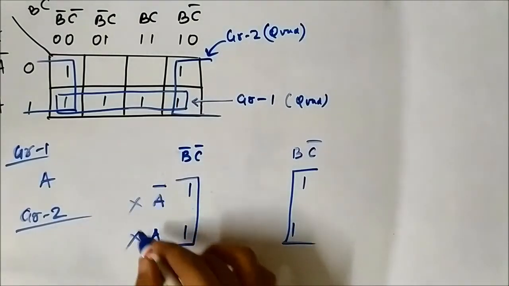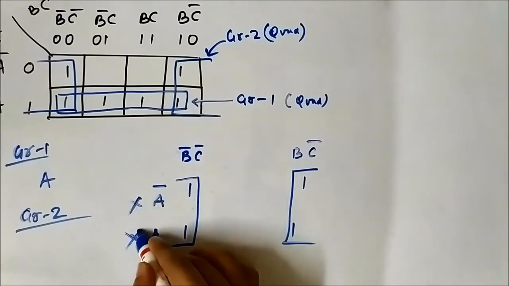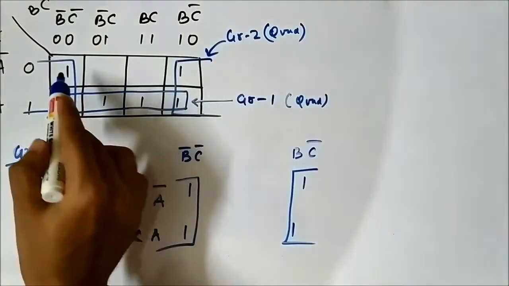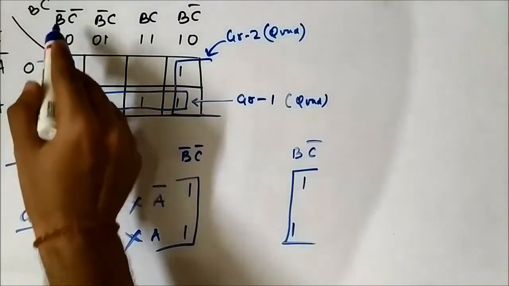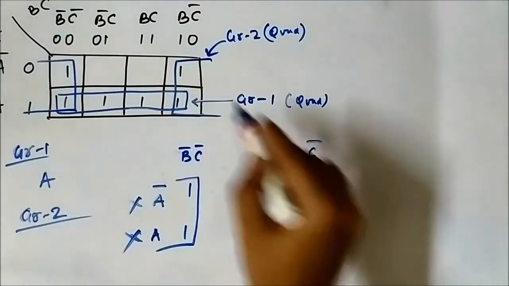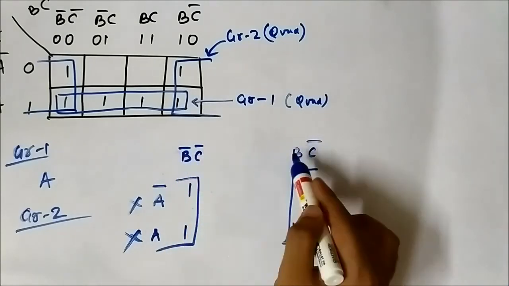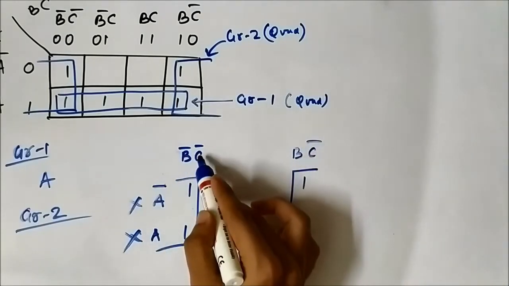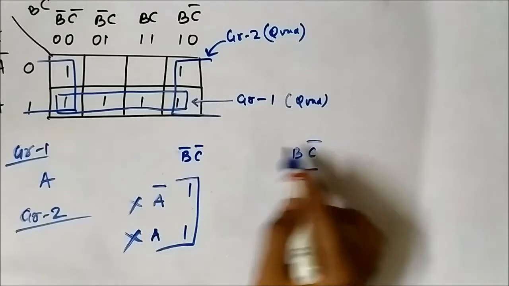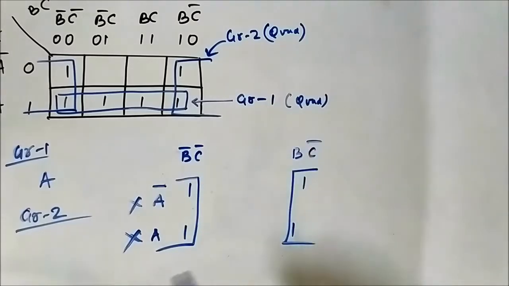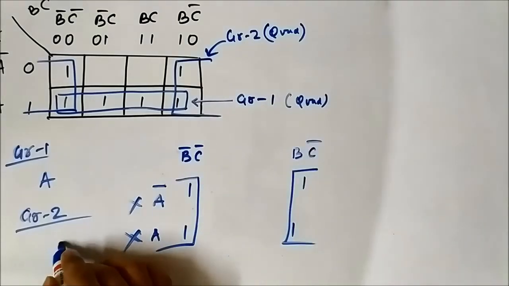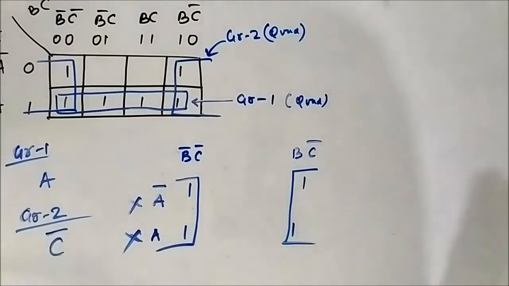Here it is A complement, here it is A. In the vertical components corresponding to the cell, one is B bar C bar, one is BC bar. In this, B is not common, but C complement is common. So in group 2 the common thing is C bar.